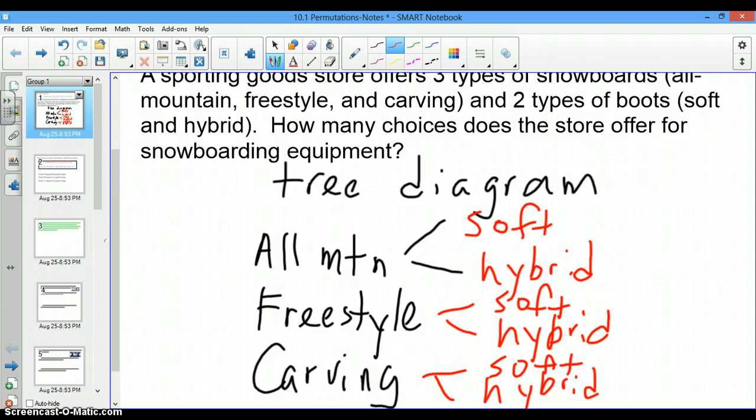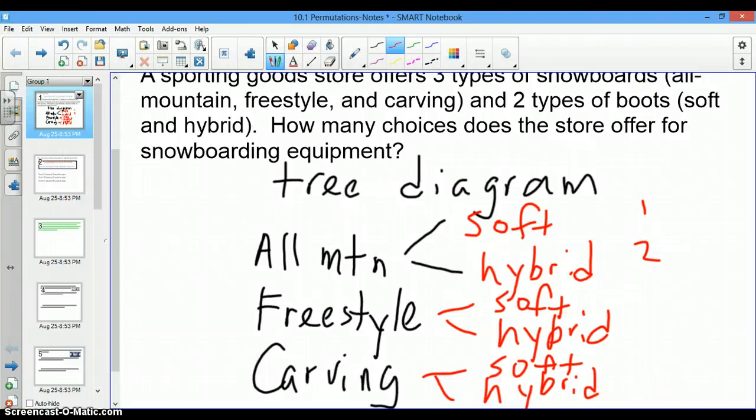Now, from there, if you think about it, this would tell you how many different combinations or permutations that you could have of choices if you pick one snowboard and 1 pair of boots. If you look here at the end, if you pick all mountain soft, there would be 1 choice. All mountain hybrid would be 2 choices. Your second choice.